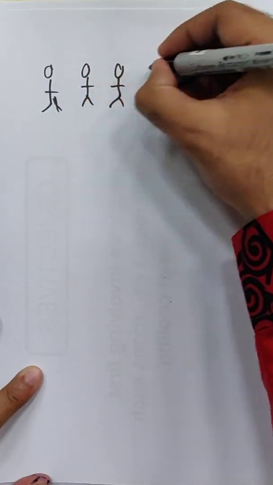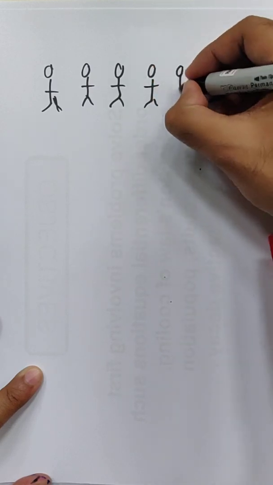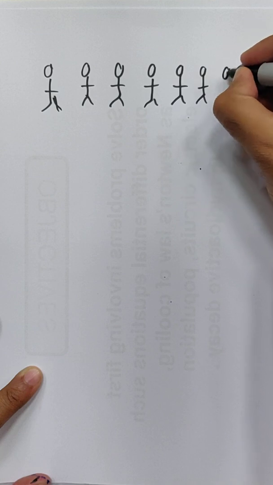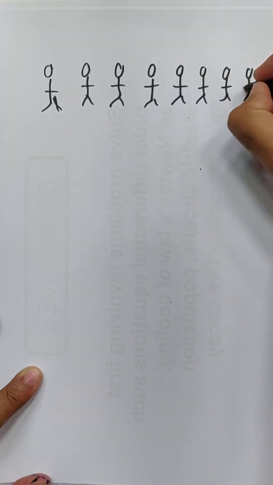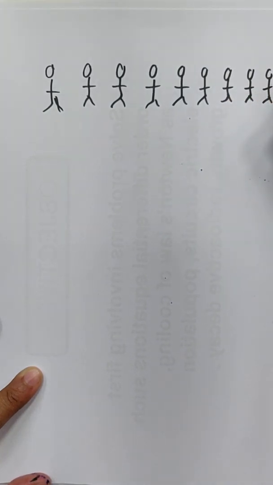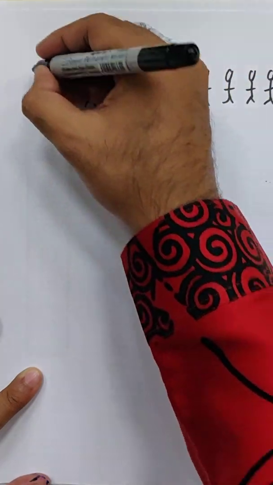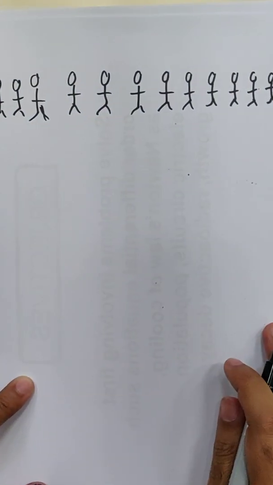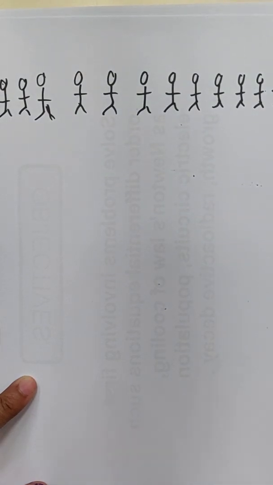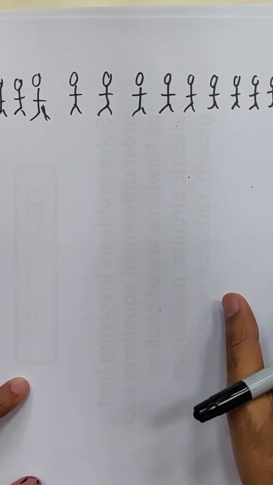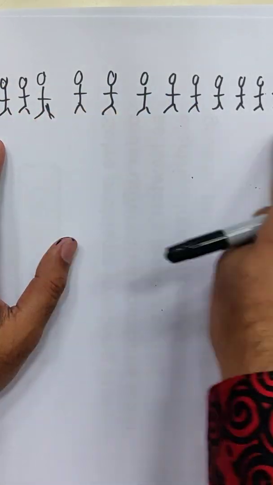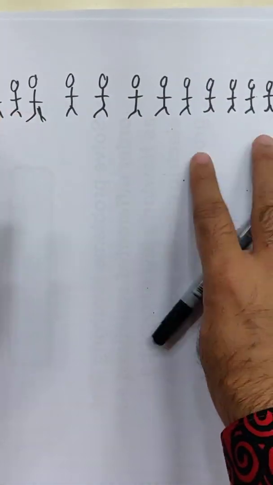Yeah, let's go 12, too many people. 1, 2, 3, 4, 5, 6, 7, 8, 9, 10, 11, 12. It's a bit too much. Okay, viewers, there's 10 people here.